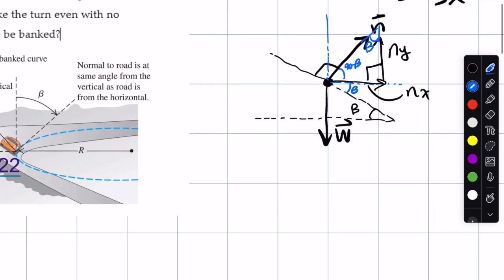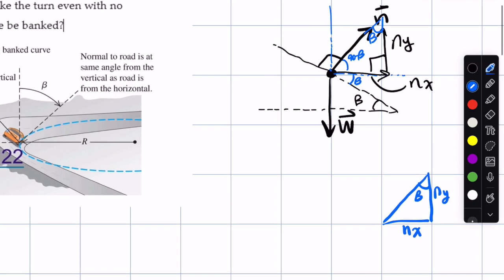Okay, so if I redraw my normal force triangle, just so that it's a little bit clearer, this is beta up here, y component, x component. So now when I find my components, my x is actually sine beta. My y component is cosine beta.